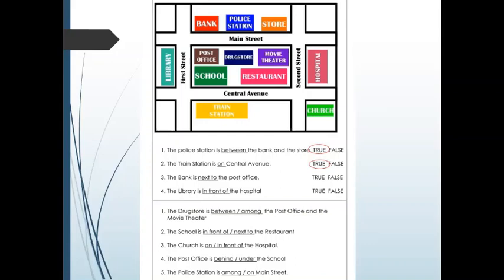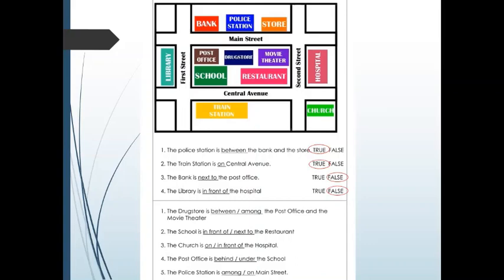So bank is the red one. So is it next to the post office? No, right? It is false. The library is in front of the hospital. So the library is the green one. So is it in front of the hospital? No, right? That's false.